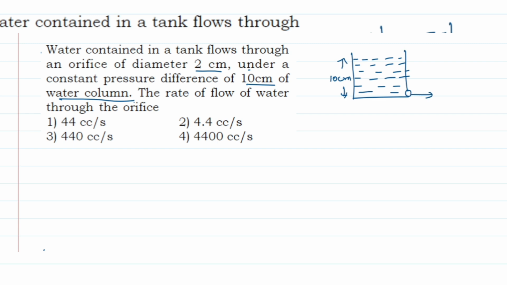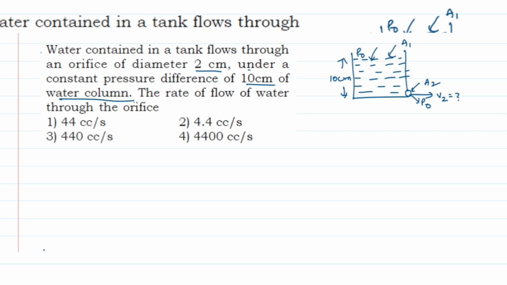So here we apply Bernoulli's theorem. Here the pressure we can write as P naught, and if this area is higher, suppose this is A1 and this is A2, and this pressure also is P naught. With what velocity the water is coming outside, first we need to calculate.